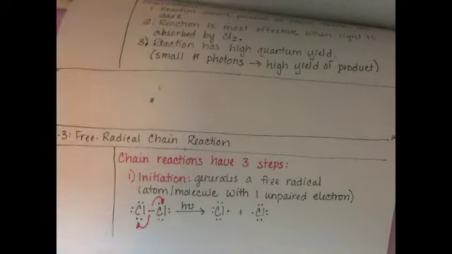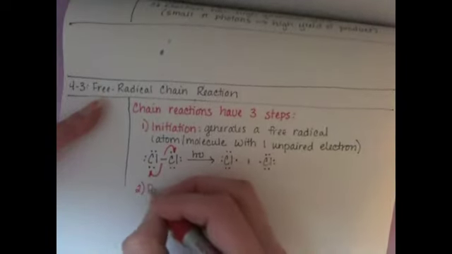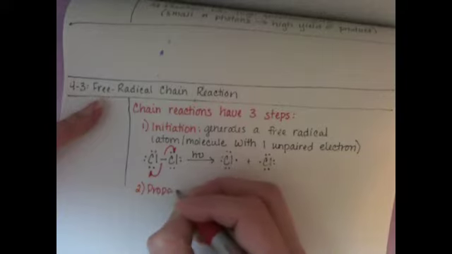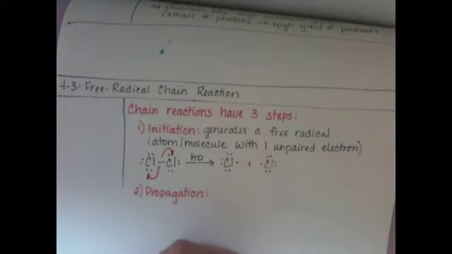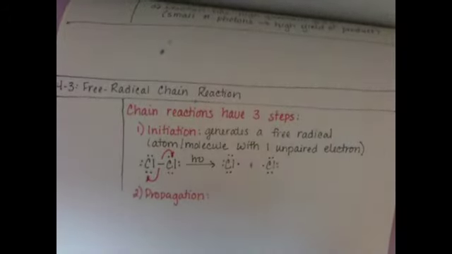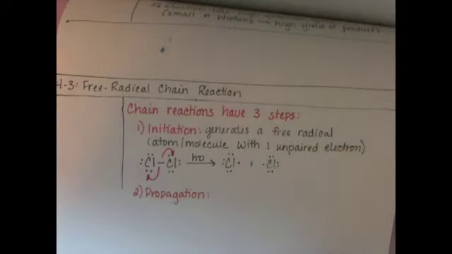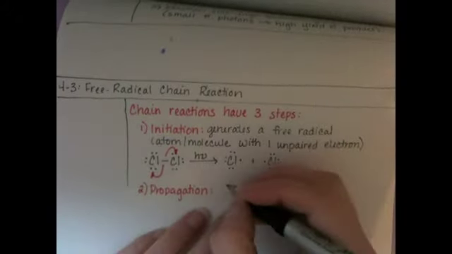The second step in a chain reaction is called the propagation step. In the propagation step, free radicals that are generated in initiation will react with a stable molecule, not another radical, and they will produce more radicals, different radicals.